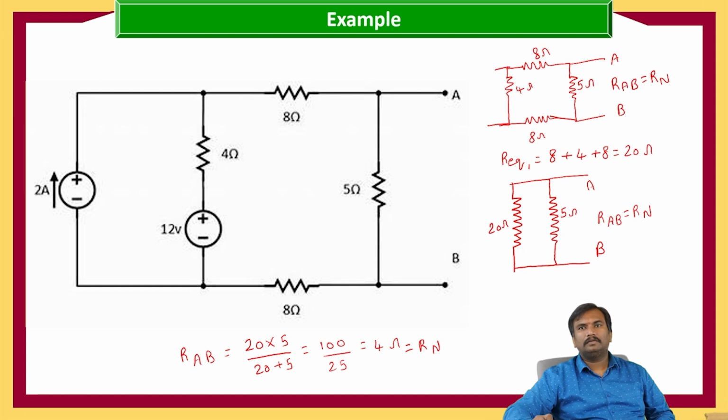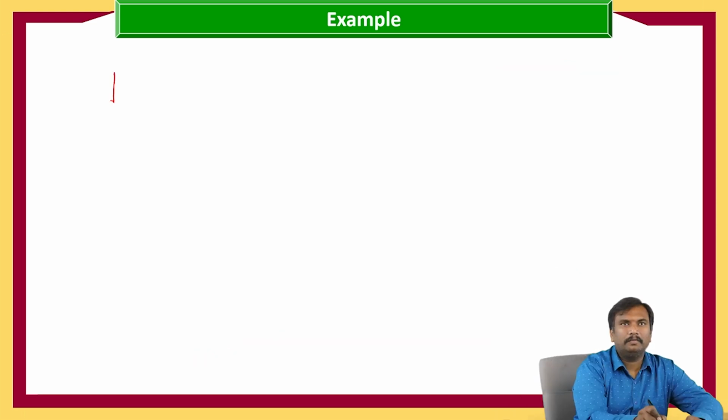Now we need to calculate Norton's current. For that we need to replace the circuit with a short circuit between the two terminals. Let me draw the circuit first.